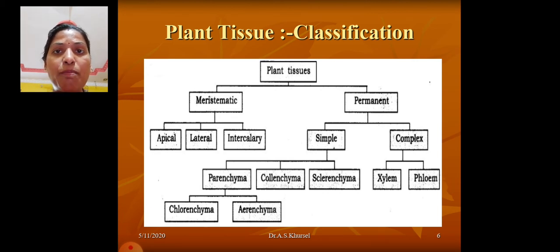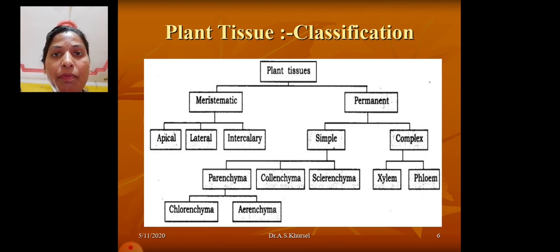The chart of plant tissue gives us an idea about how meristematic tissue and permanent tissue are further subclassified into different types. Meristematic tissue is classified into apical meristem, lateral meristem and intercalary meristem.